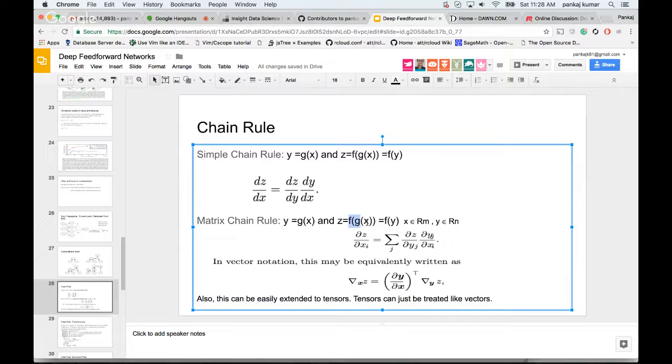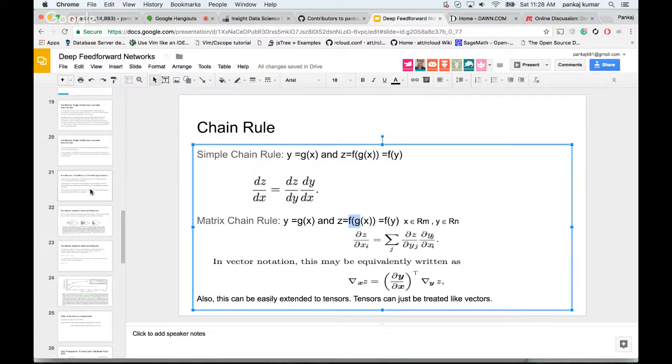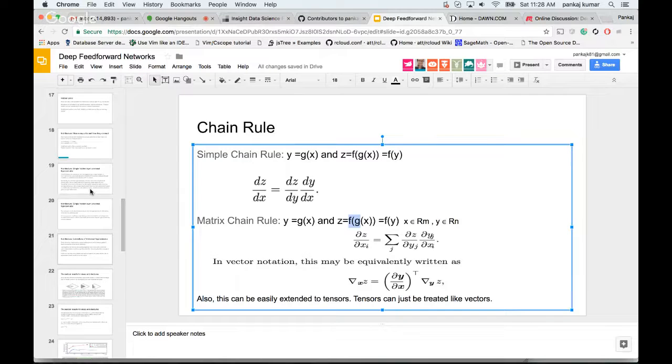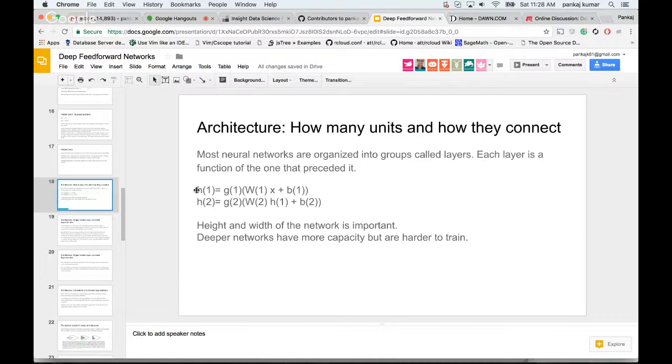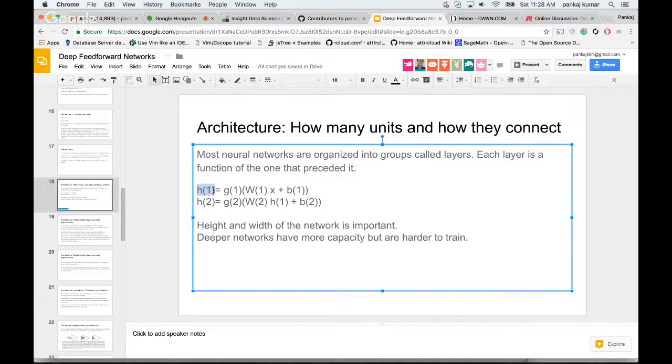And if you see from this formulation, a neural net is a composite function. If you take g2, and then h1 is another function, this is h2 of h1.